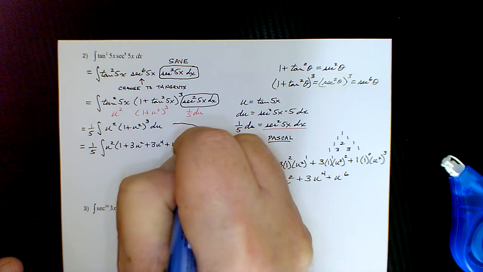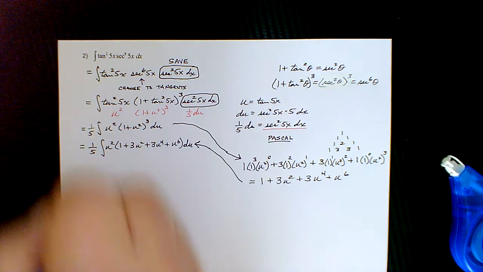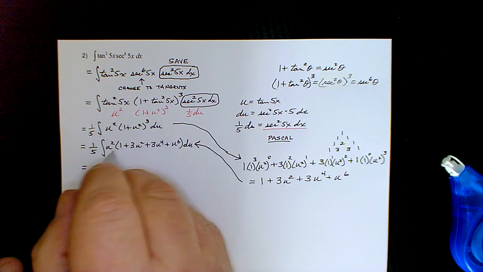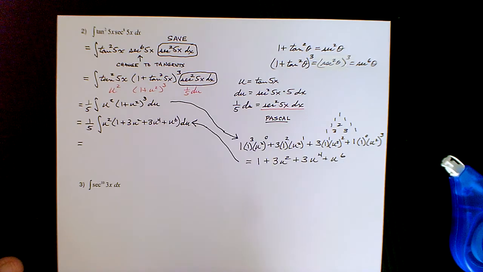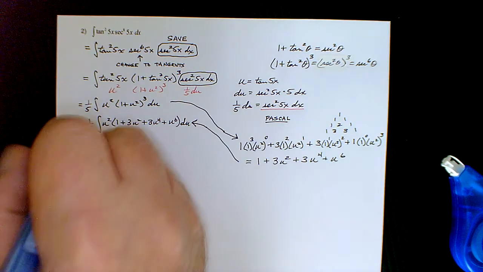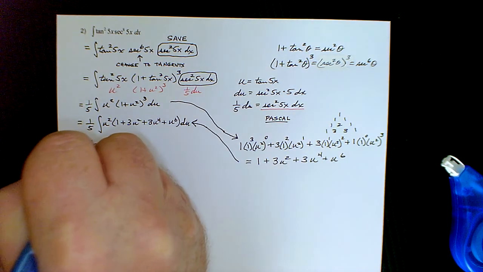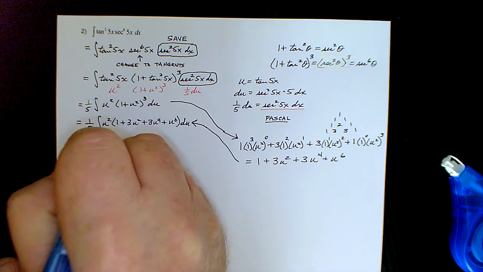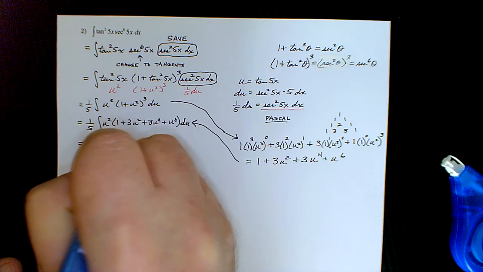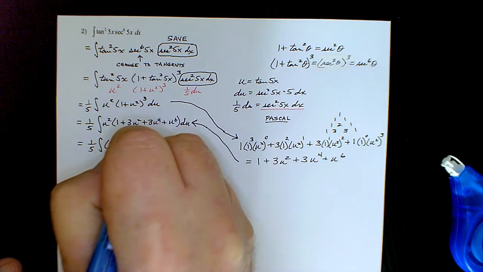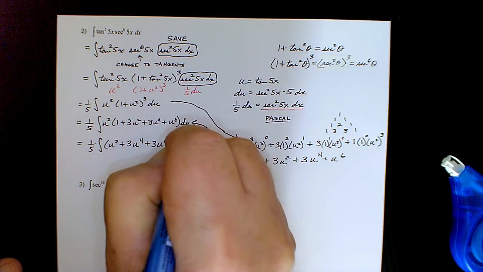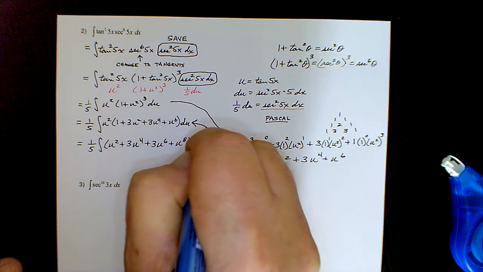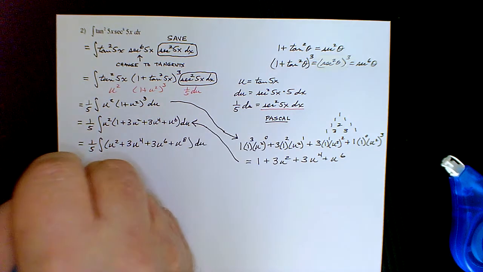That's all with respect to u. And now, before we integrate, remember you have to have a sum or difference of terms of the form u to the n. So we'll distribute that u squared. We have 1/5 integral of u squared plus 3u to the fourth plus 3u to the sixth plus u to the eighth, all with respect to u. Finally, we can integrate.